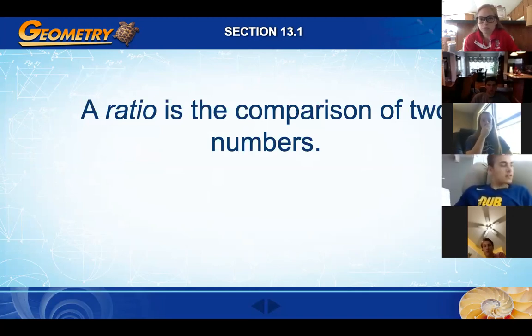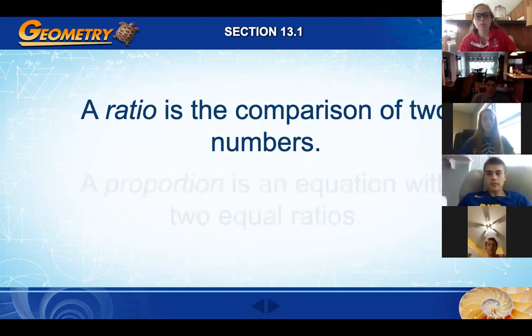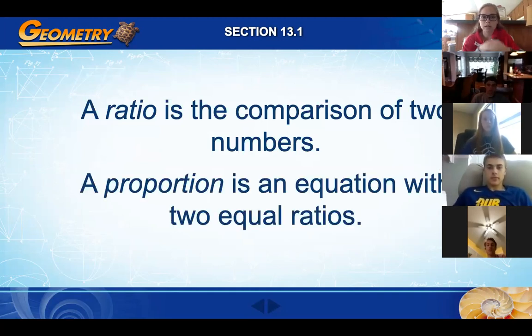We'll be using the fraction form though here because we are going to be setting these up as proportions. What's a proportion? They're two ratios that are equal to one another. So a proportion would be two equal ratios. So 2 over 4 is equal to 4 over 8.